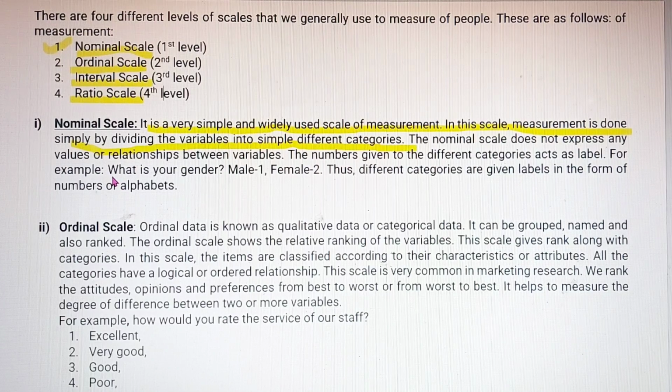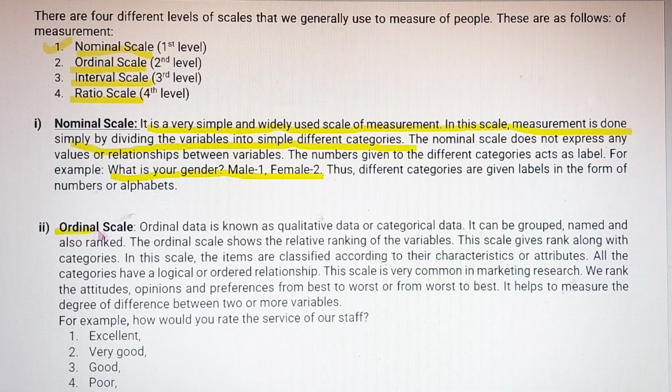Suppose we are to make a scale for gender. We can divide this into male 1, female 2. That means 1 for male and 2 for female. So there are 2 main categories here, one is male and the other is female. So it is so simple. This is called nominal scale, and basically the names are used here.